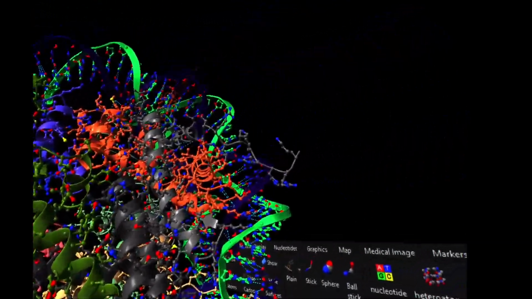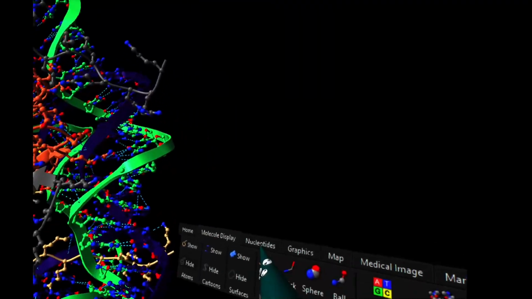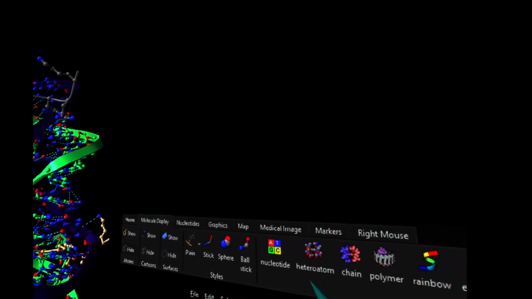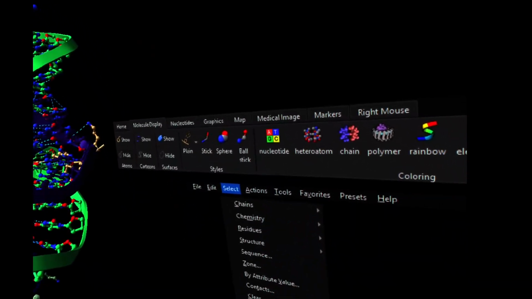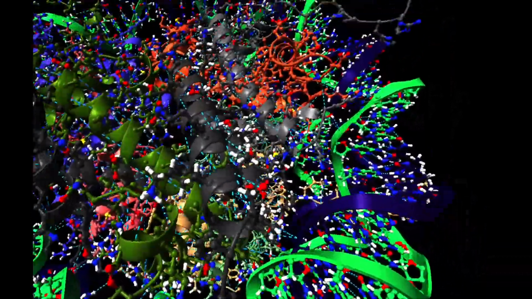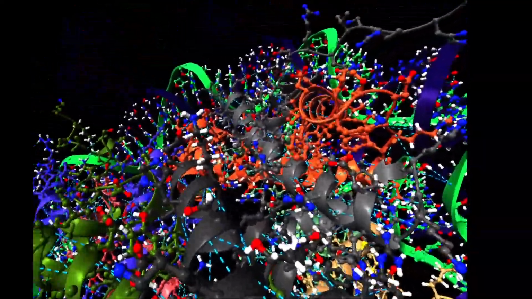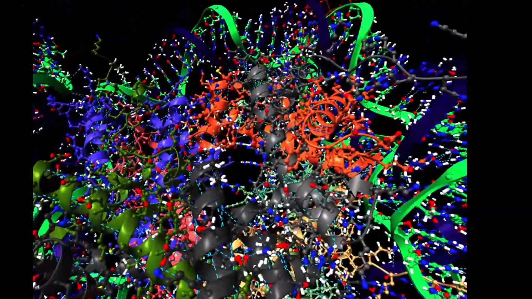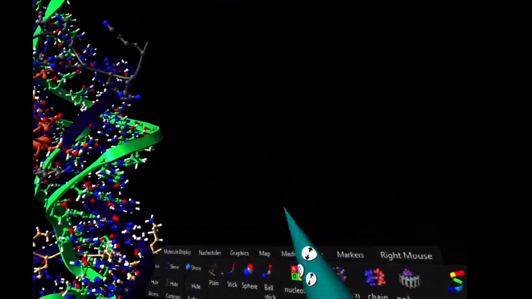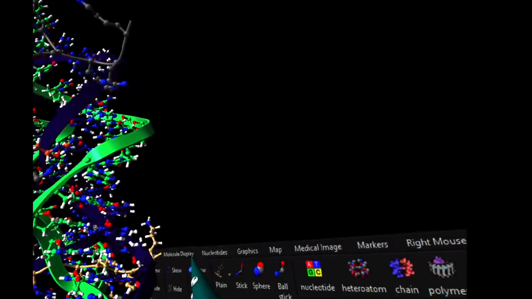First of all, I will deselect all of the entities and click on hydrogen bonds so that here we can view all the hydrogen bonds which are happening within the protein. And let me first hide all the hydrogen bonds and only select the nucleic acids and then turn on hydrogen bonding.